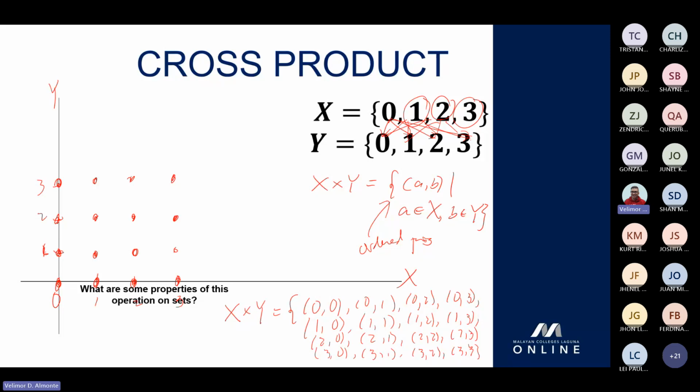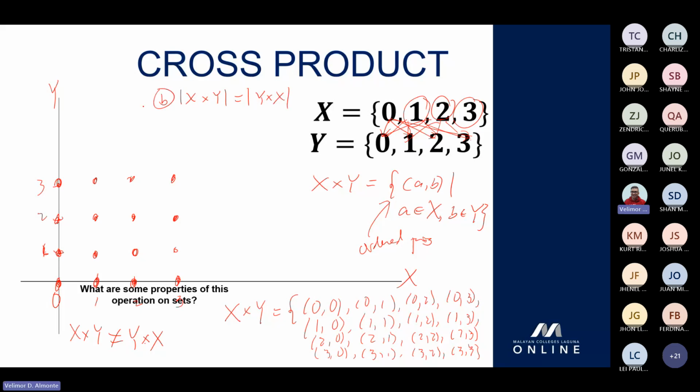It depends on which comes first, right? So the property is that X cross Y is not equal to Y cross X. One more property: the cardinality of X cross Y is equal to the cardinality of Y cross X.